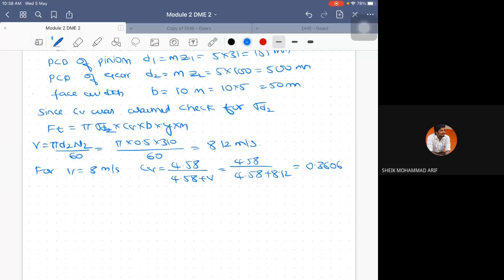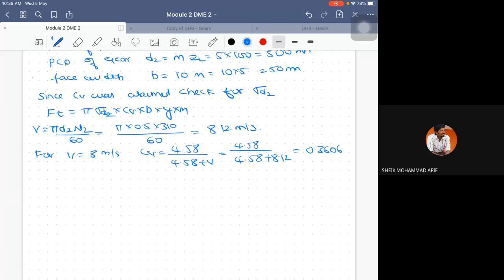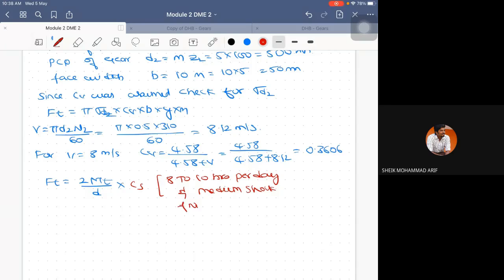Okay. So once you have got that, calculate the value of FT. So FT is 2 times of MT divided by D cross CS. So CS has to be taken for 8 to 10 hours per day and medium shock. So from the table number, so what is the table number?